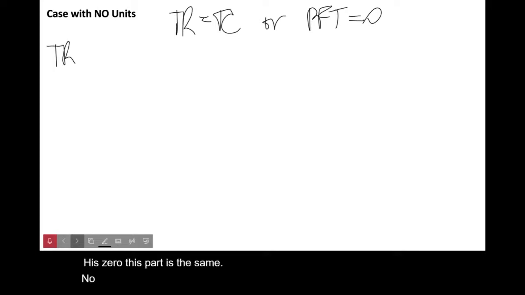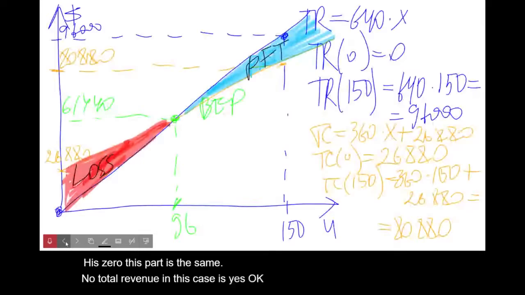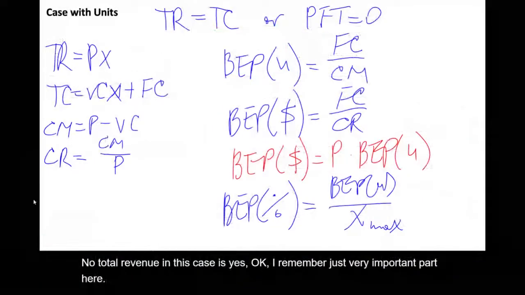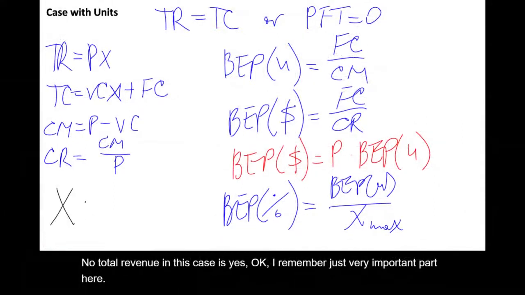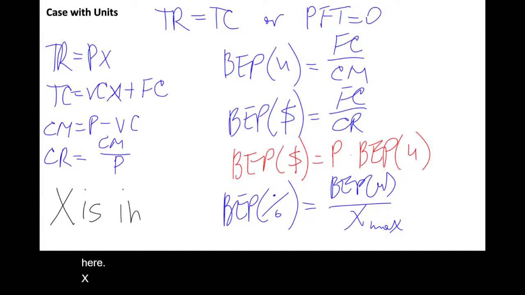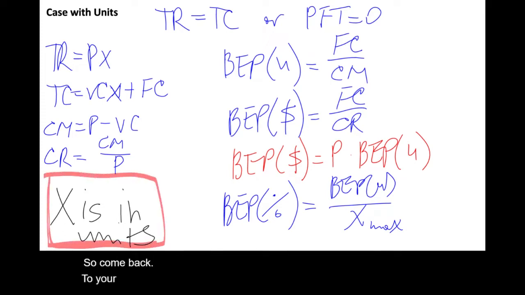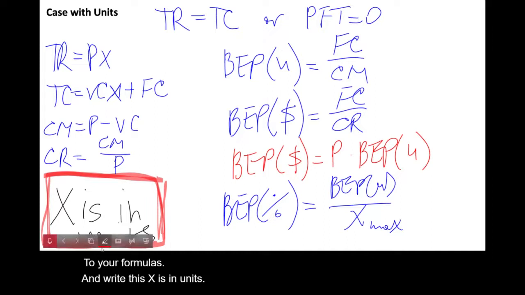Now, in the previous case, X is in units. That's very important, a piece of information. So come back to your formulas and write this: X is in units. Okay?